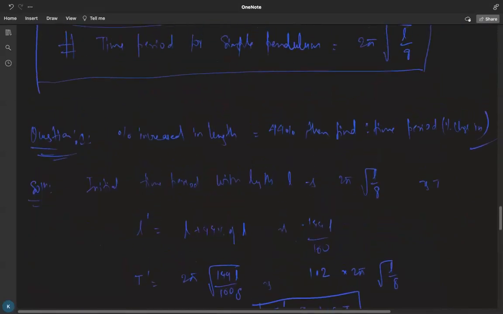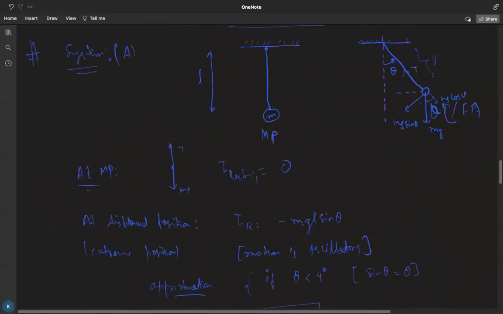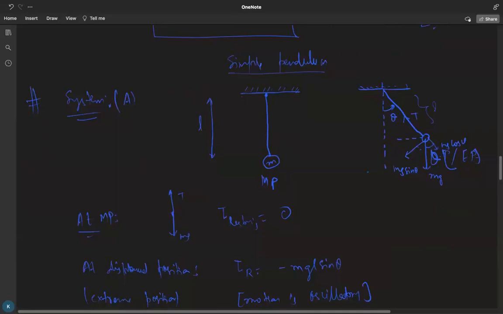In this normal simple pendulum, we have one force acting on the system, and that torque is due to the force of gravity, mg.